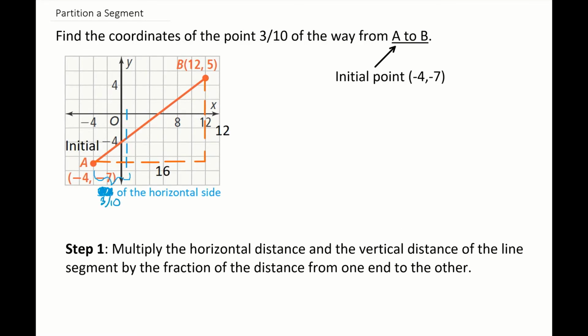So now what we're going to do is take that total horizontal distance, that 16 that we have, and the total vertical distance, which is 12, and multiply it by the fraction that they told us, which in this case is 3/10. And this is given on the diagram.